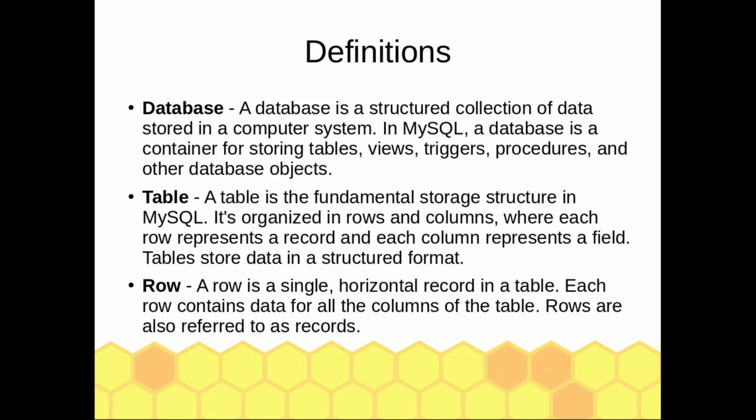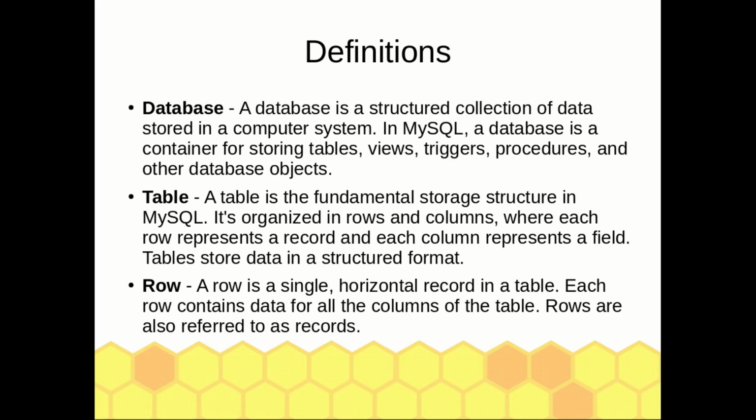Of course, now that we are doing this with a focus in Django, we are going to be dealing with tables. And what are tables? We see that a table is how the data is organized in rows and columns, and each row will represent a record and each column will represent a field.